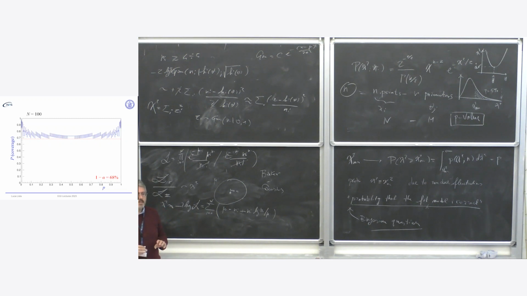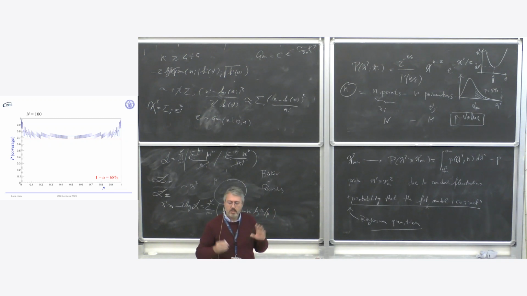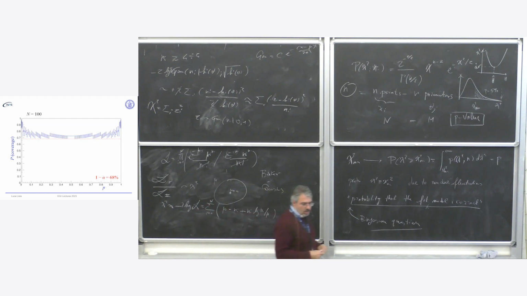Basically, use a chi-square if you have a sufficiently large number of entries. If you have cases with a low number of entries, don't worry, there is a prescription to do it. And if you didn't get all the details, just go through this paper and you can do it.